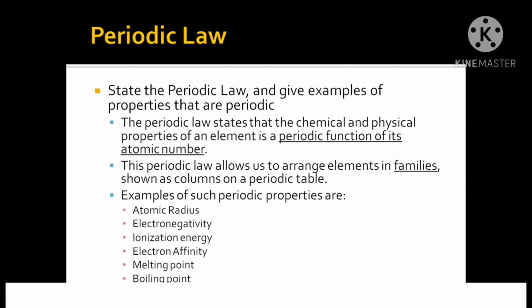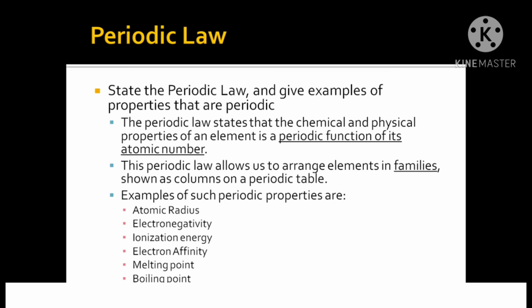So that means that as you go across a row, you have a bunch of properties changing all the time. But as you go to the next row, you get a repetition of properties that are similar in trends.